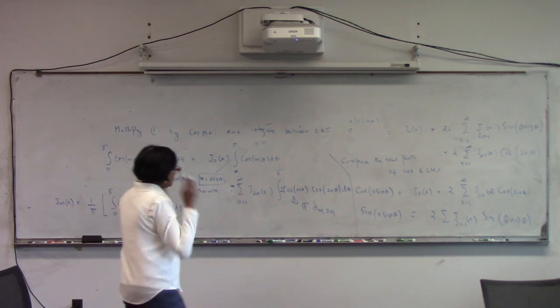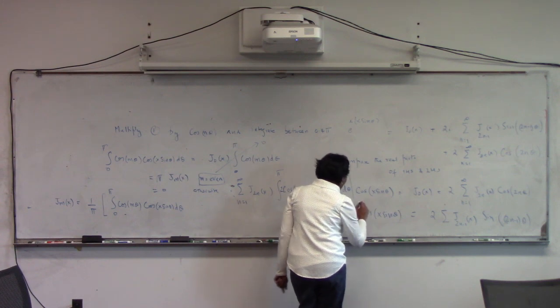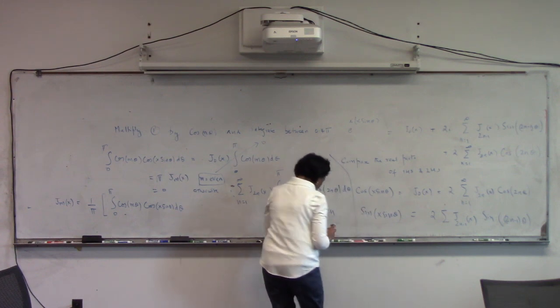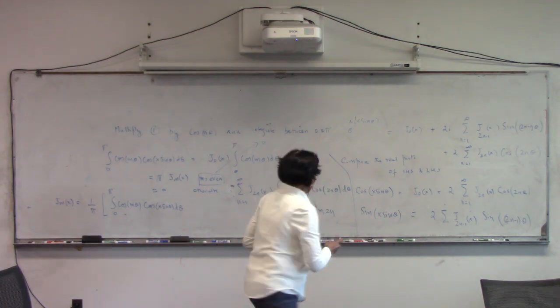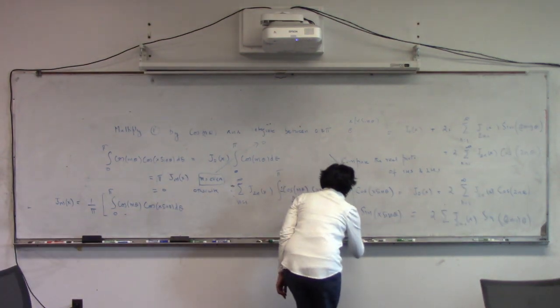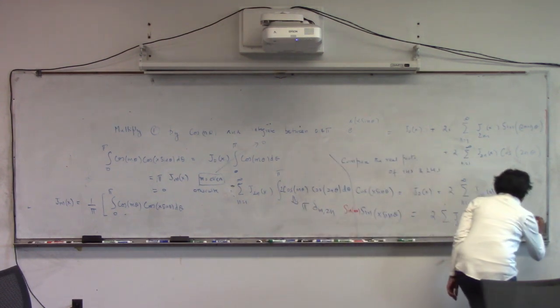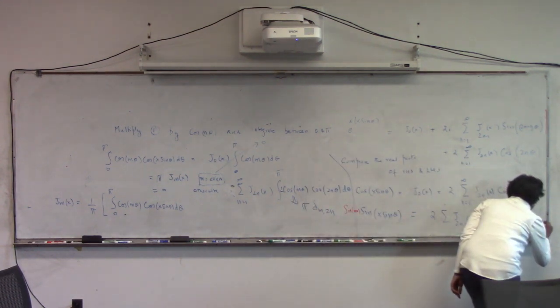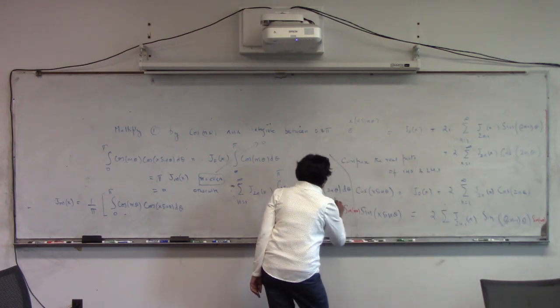So if I did the same thing for the other expression, I multiply by sine of m theta, and then integrate between 0 and pi.